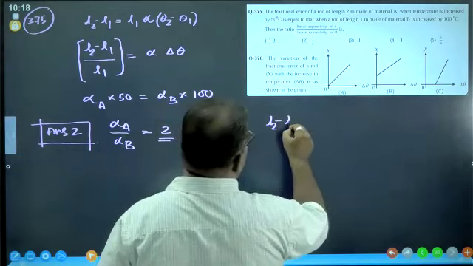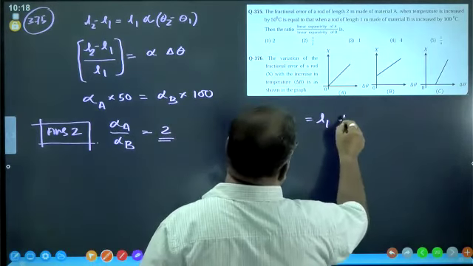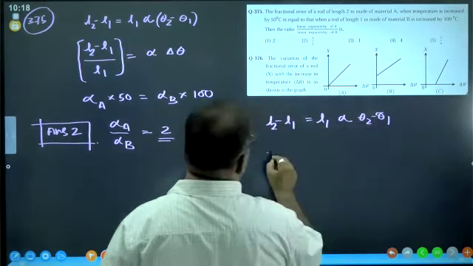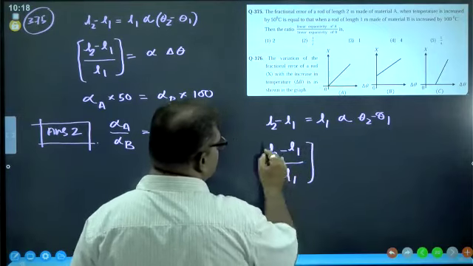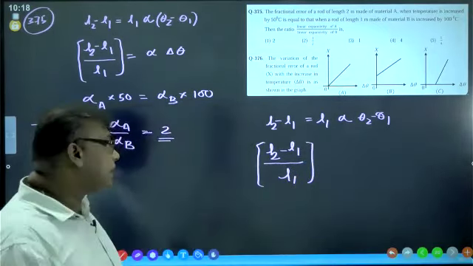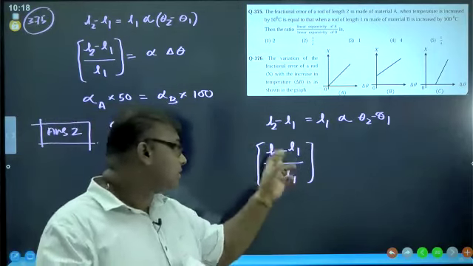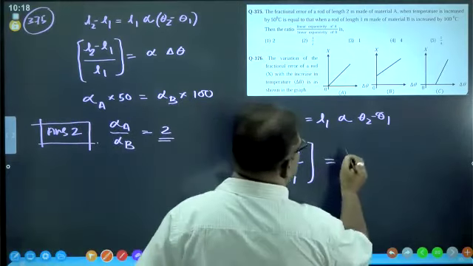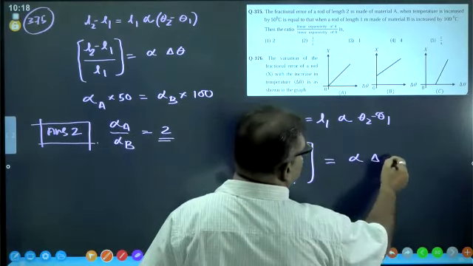L2 minus L1 equals L1 alpha (theta 2 minus theta 1). Fractional change, L2 minus L1 over L1, the change of length divided by L1, equals alpha delta theta, right?